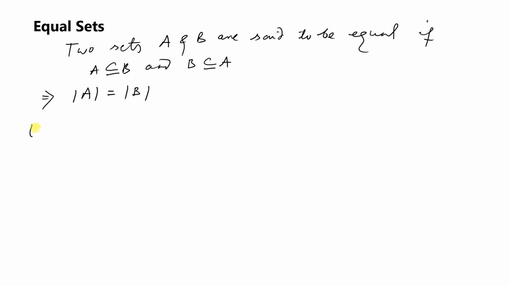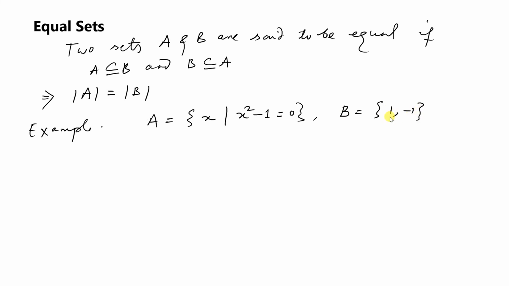So an example: let's suppose I write A is equal to the set of all x such that x square minus 1 is equal to 0, and I write B is equal to {1, -1}. Are these two sets equal or not?